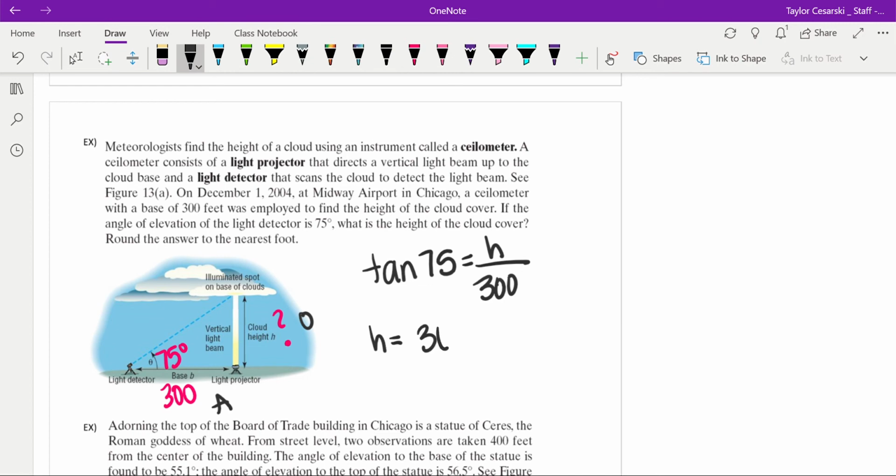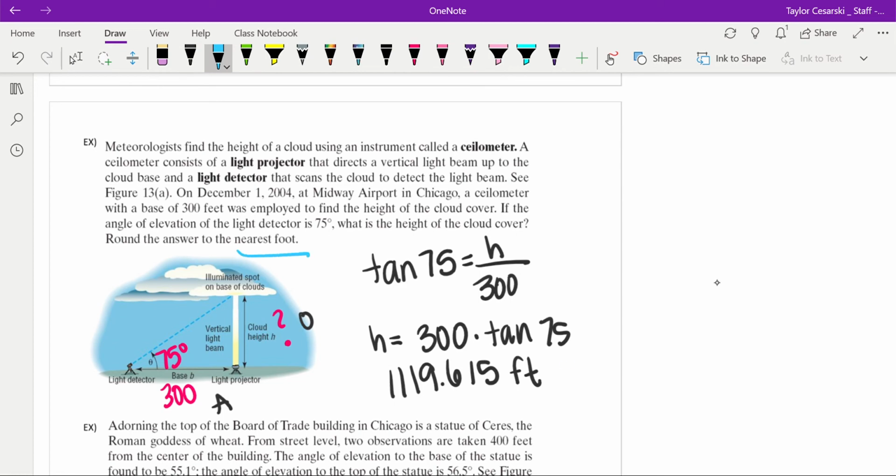So my height is 300 times tangent of 75. When you type that in your calculator, you get 1,119.615 feet. It tells me to round to the nearest foot, so that would be 1120 feet.